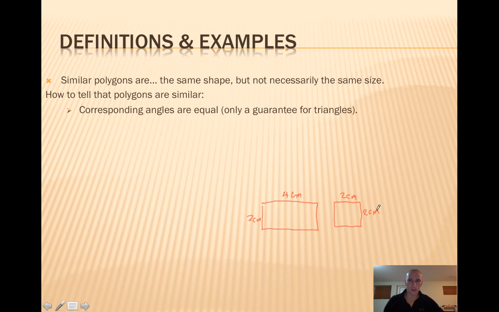Now, what's interesting to note here is that the corresponding angles are all equal to each other. All of the angles inside here are 90 degrees. These are all right angles. And inside the square, we also have all 90-degree angles.